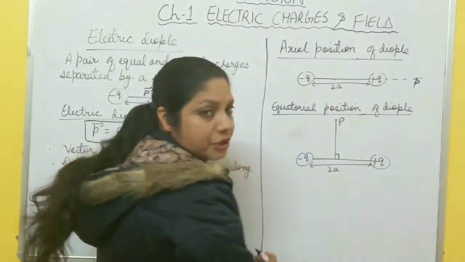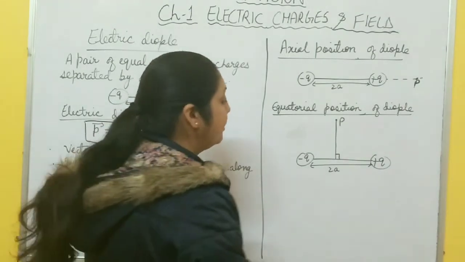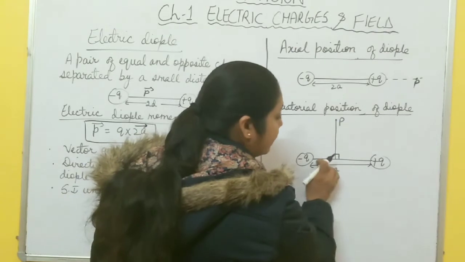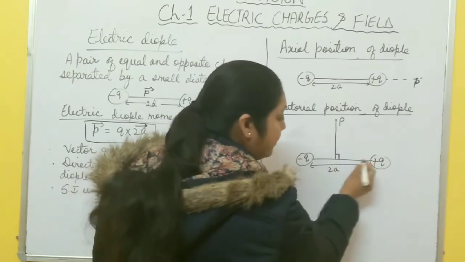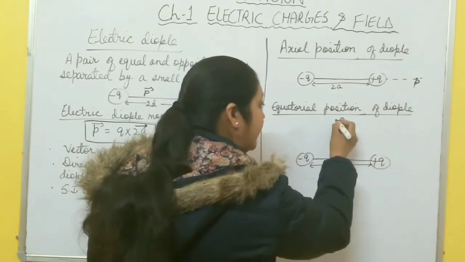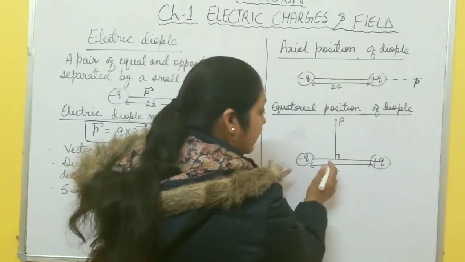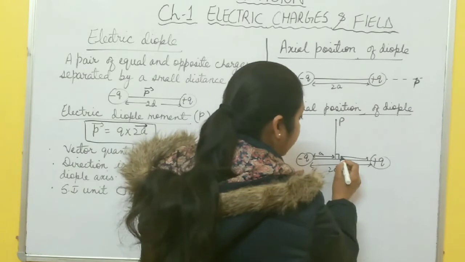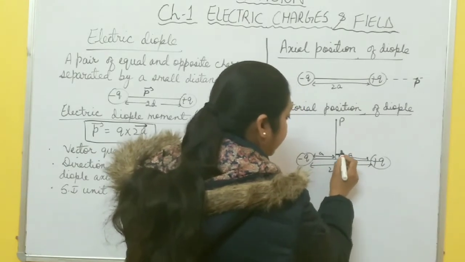Next, equatorial position. What is the equatorial position of a dipole? Points lying on the perpendicular bisector of the dipole axis. This one is the dipole axis, right? And the perpendicular bisector: bisector means this distance becomes half, a, and this distance becomes a, and this one is a 90-degree angle.